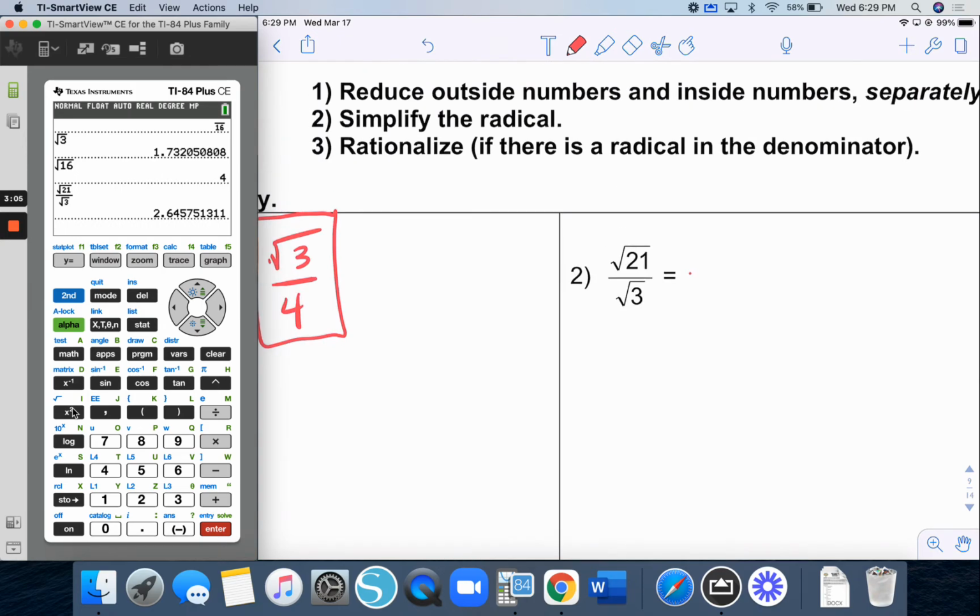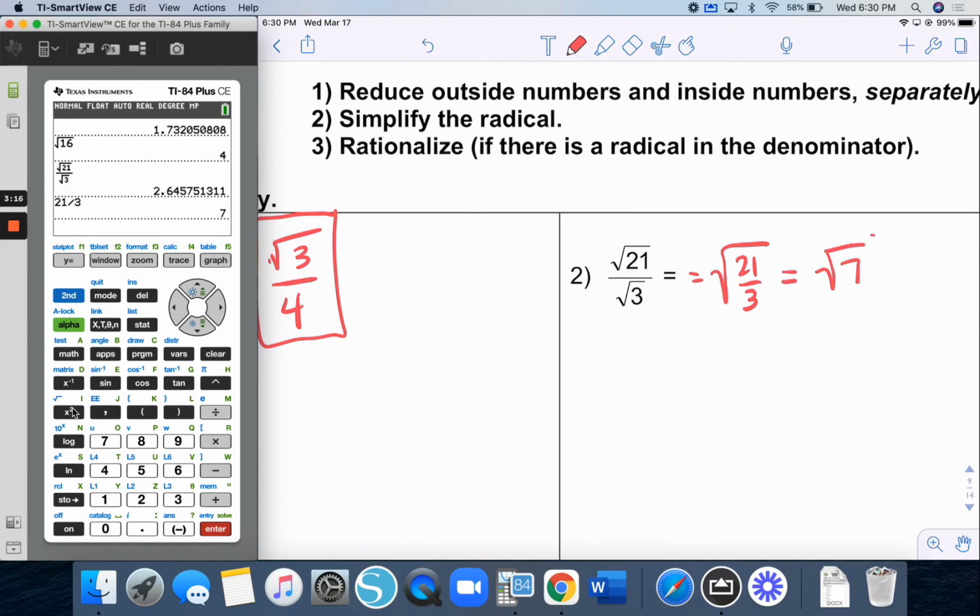Because both of these are inside of the square root, we can rewrite it like this. And 21 divided by 3 is 7. So that's going to get us out of having a fraction, which means we're all good to go. Because I do not have a square root in the bottom of the fraction anymore, this problem is good.